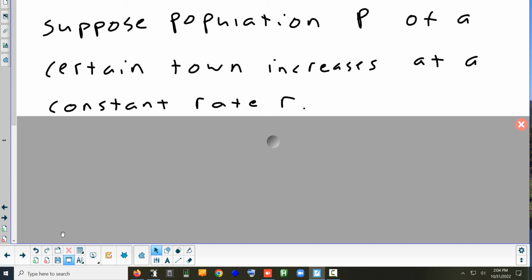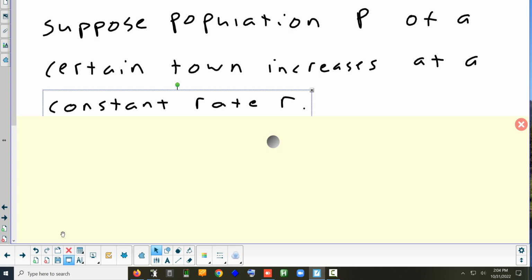So it says, suppose a population, which I'm going to call P, is increasing at a rate of R. For this to be an exponential problem, the rate of increase has to be a percentage. If you said to me 100 new people move to the town every year, that's not exponential. That's just adding 100 every year. Exponential has to be an increase by a percent.